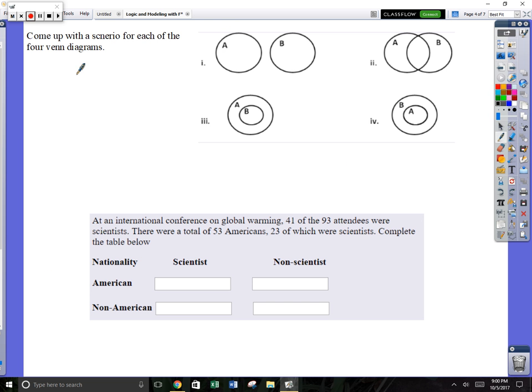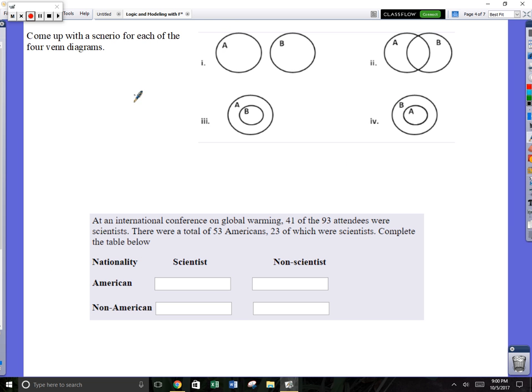Okay, now come up with your own scenario for each of the 4 Venn diagrams. So scenario number 1, you have 2 sets that never intersect. They never cross paths. So we're going to go with kind of a theme for each of these, and we'll look at the freshman class here at Delta High.